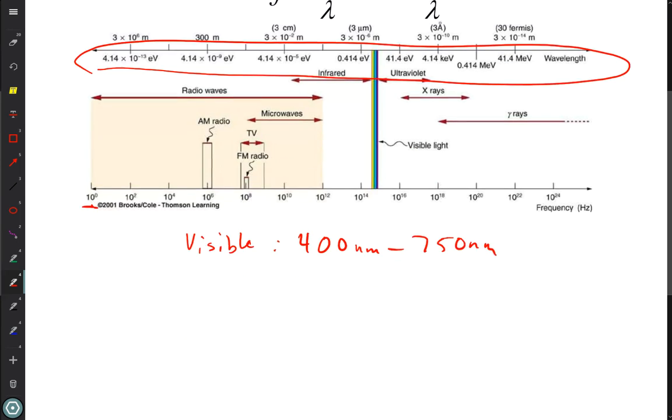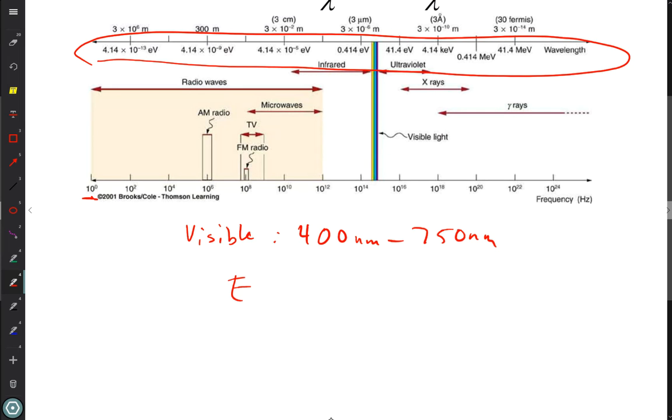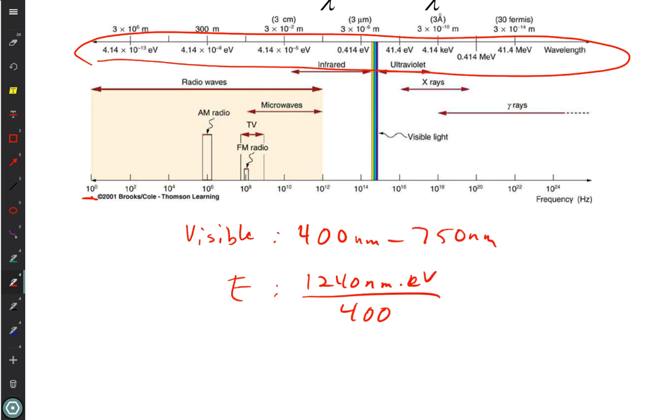Now, using that relationship, we can say the energies go from 1240 nanometers times electron volts over 400. Well, if you move it over, 12.4 divided by 4 is 3.1.